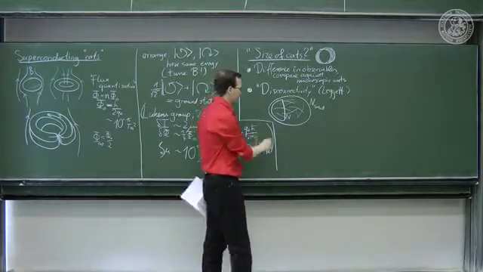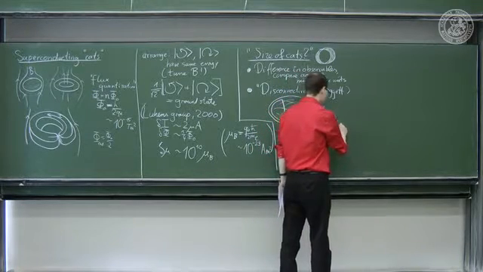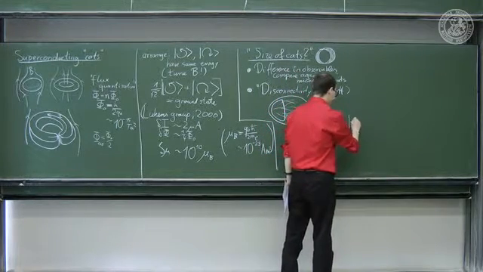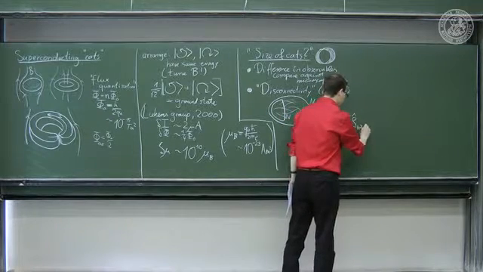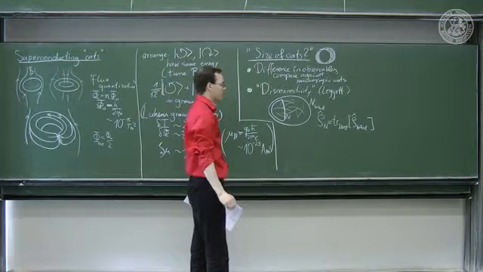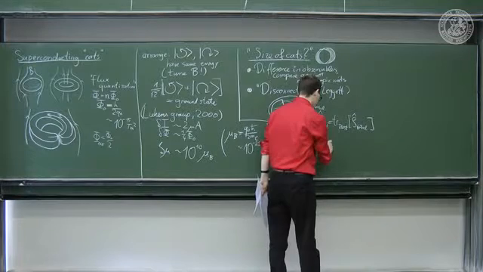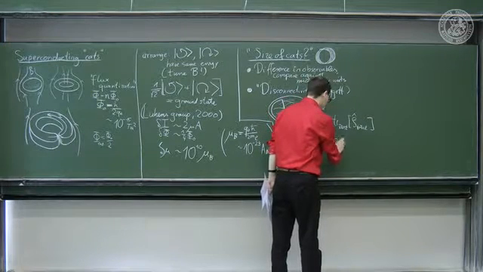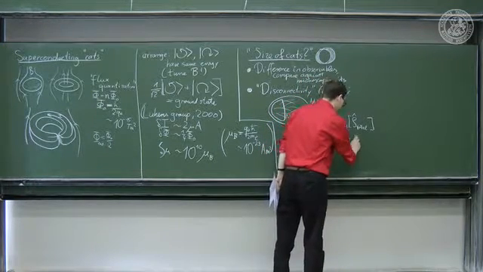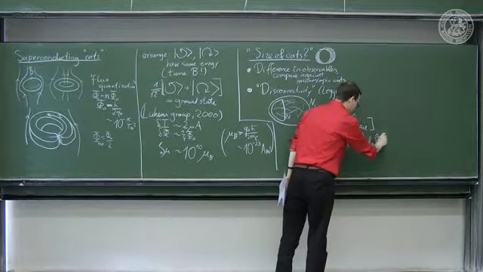So the idea is to calculate reduced density matrices, like rho n is the trace over the rest of the system of the total density matrix. And then to calculate the entropy connected to this rho n, let's call it Sn, minus trace rho n log rho n.